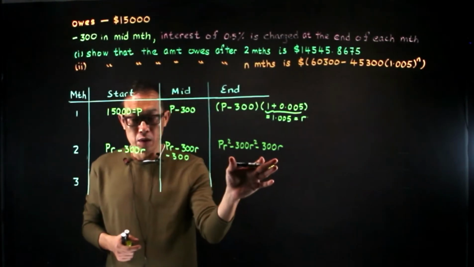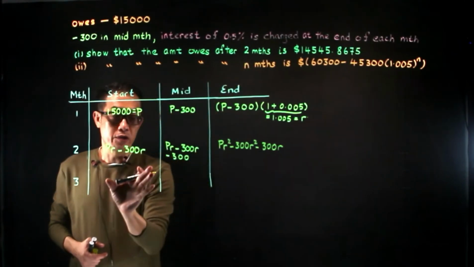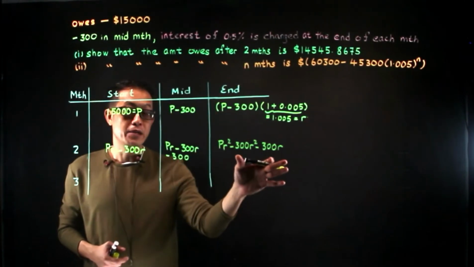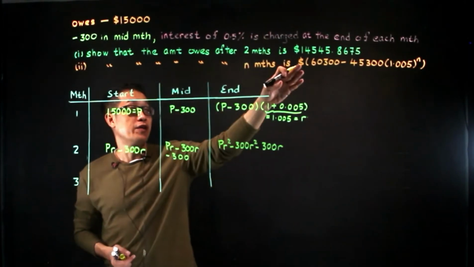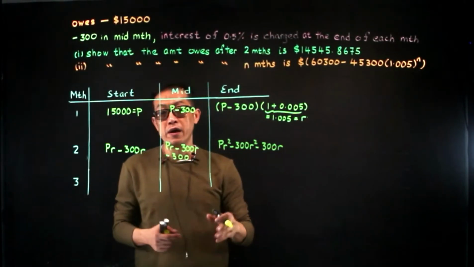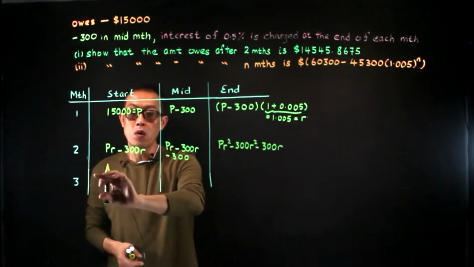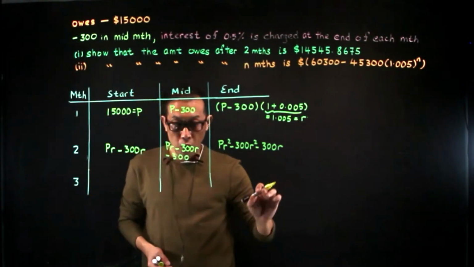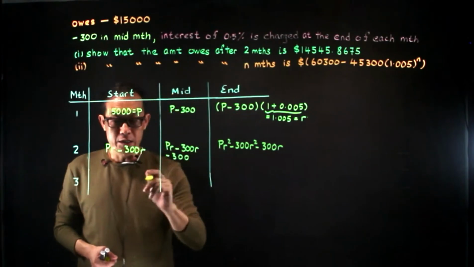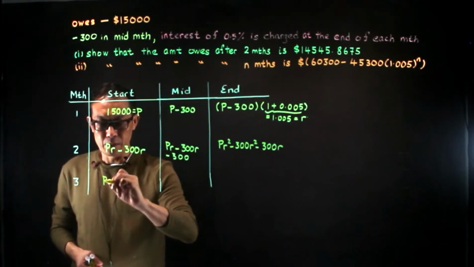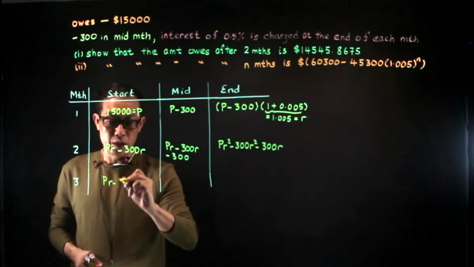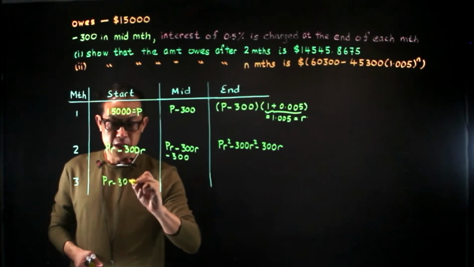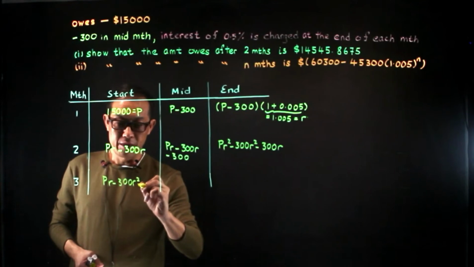Now, perhaps we just carry on for the third month so we see the pattern first. Actually, from here we can already substitute the value, and we will find that it is equal to this amount. Let's work one more row. This amount will be brought forward to the beginning of the third month.